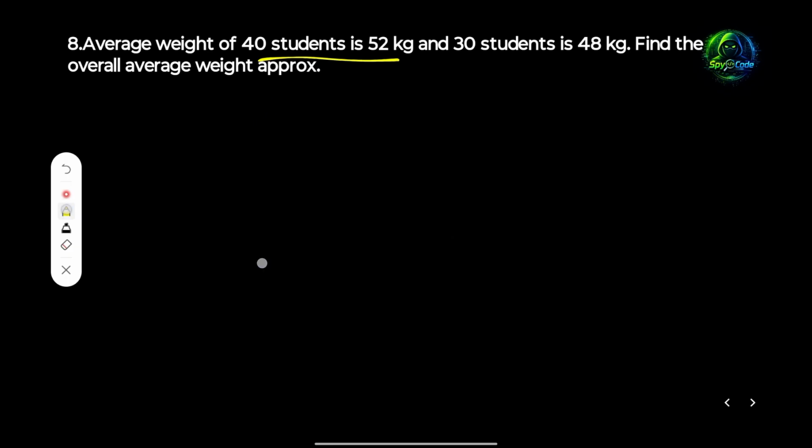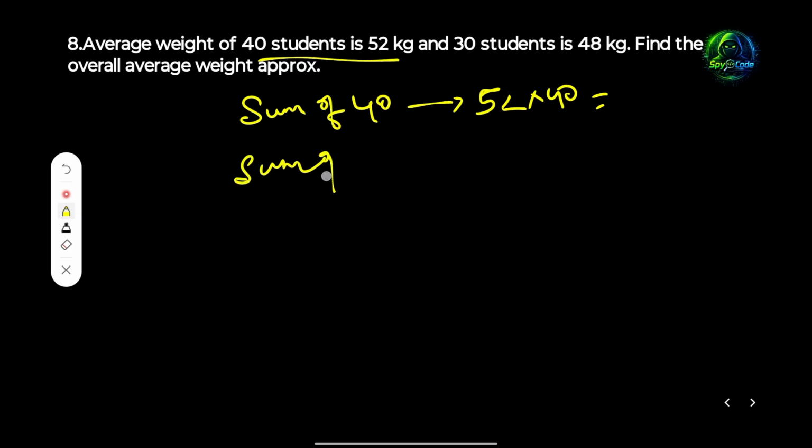So sum of 40 students is 52 into 40, and sum of 30 students is 48 into 30.